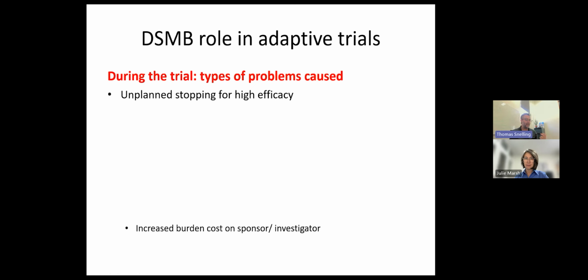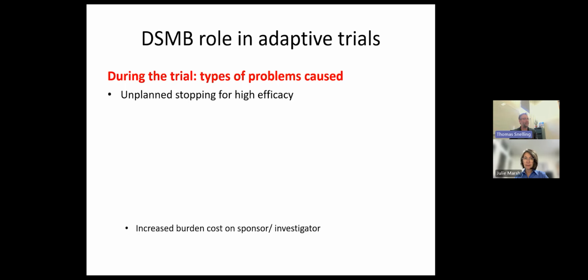So in addition to those problems that often are encountered during a trial, there are certain problems that can be caused by the DSMB or by the investigators as the trial occurs.